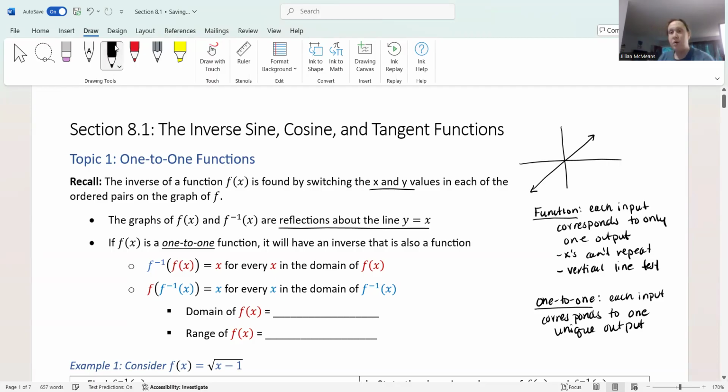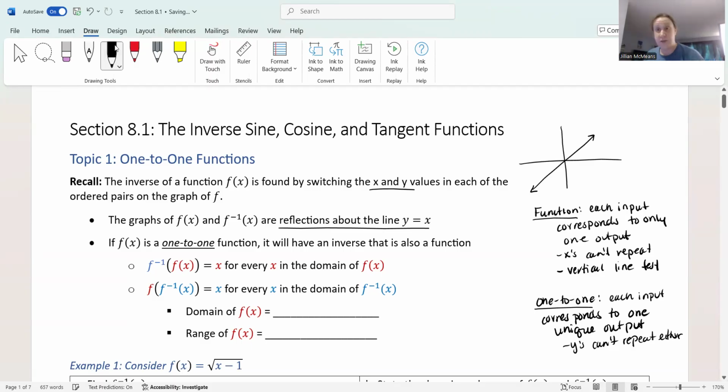What does that mean? Now the y's can't repeat. With a function, as long as your x's didn't repeat, it didn't matter what y was. Y could be anything, and you could literally have unique x's corresponding to the exact same y value. That would be fine. With a one-to-one function, however, the x's can't repeat, and y's can't repeat either.